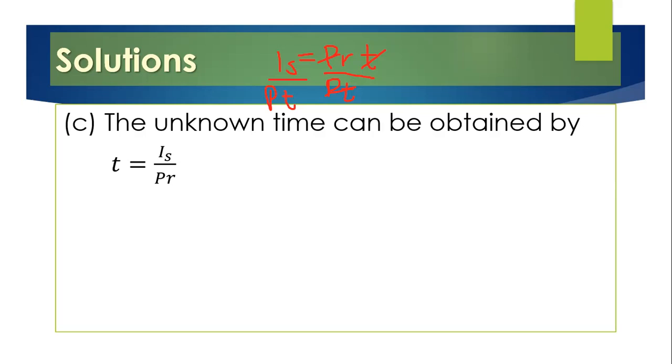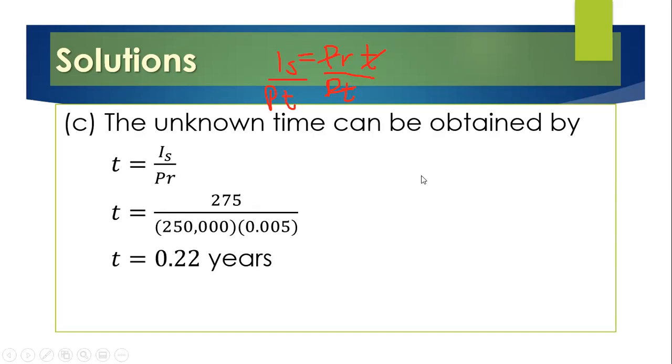So yung T is equal to I sub S over PR, substitution ng formula, 275 over 250,000 times 0.005. So time is 0.22 years. Okay? So kung ano yung makakompute natin dito na sagot, so that is in years. So again, kapag T, okay, lagi po siyang naka-years. Okay?